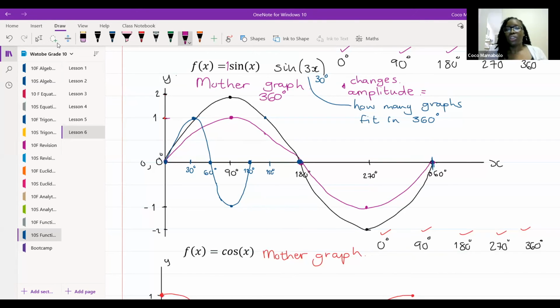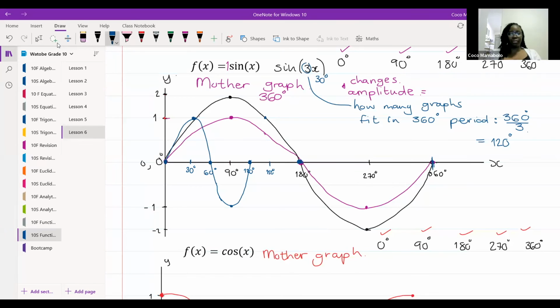So this number here in front will tell us the period, which is how long it takes to get from the starting point and make one full wave. The way we would do that is we would take 360 and divide it by this number in front, by 3. So how long did it take us to make one full graph? It took us 120 degrees.